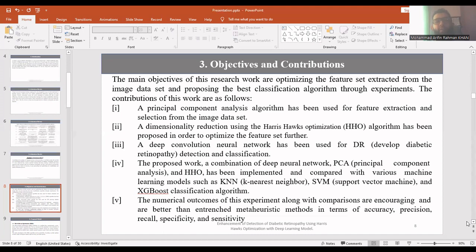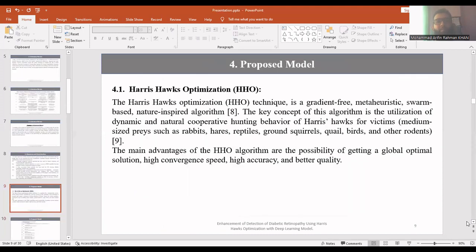The numerical outcomes of this experiment along with comparisons are encouraging and are better than enhanced metaheuristic methods in terms of accuracy, precision, recall, specificity, and sensitivity.